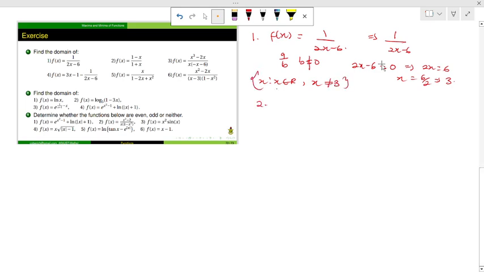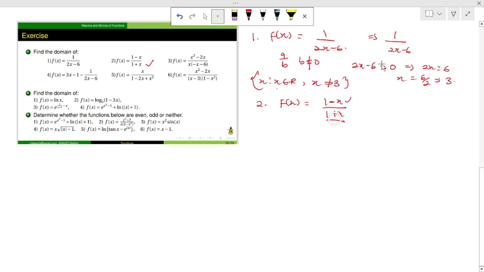Number 2, I have f of x is equal to 1 minus x over 1 plus x, right? If I have this function here, I want to find the domain. Please take note, whenever you have a rational function, never look out for the numerator. It's always the denominator.